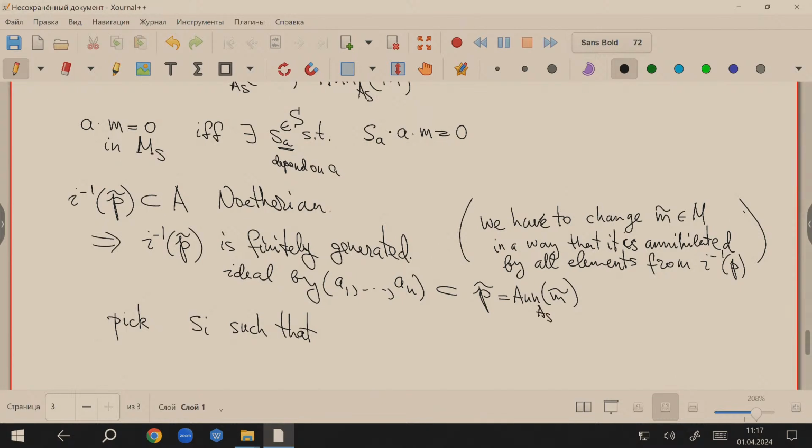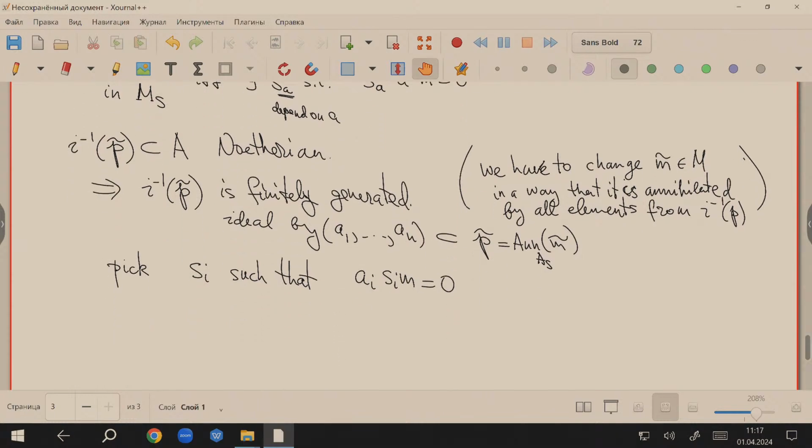So that means that you can pick up s_i such that a_i times s_i M is equal to 0. And of course this means that you can pick up a common s, put s equal to s_1 ... s_n, and this implies that a_i times M times s is equal to 0.